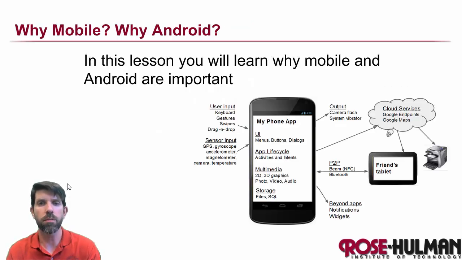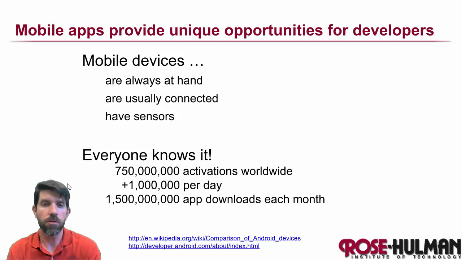So first of all, why mobile and why Android in particular? That's what we're going to learn first here. The first thing we need to understand is that mobile apps really give us some unique opportunities for development. If we were to compare, say, a smartphone to a laptop, what are the differences? First of all, mobile devices are really small, so people usually have them with them. That gives you an opportunity that you wouldn't have with a laptop.